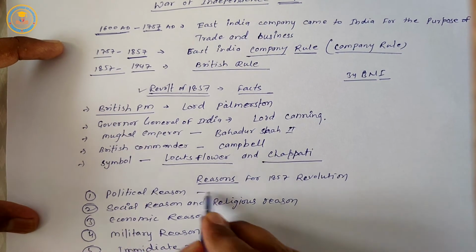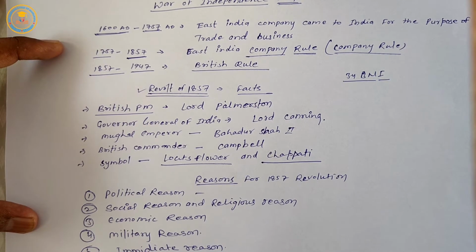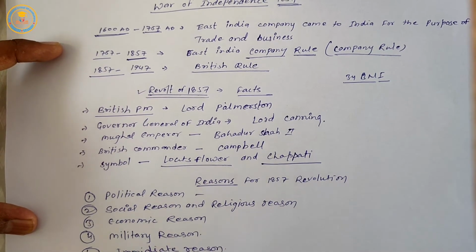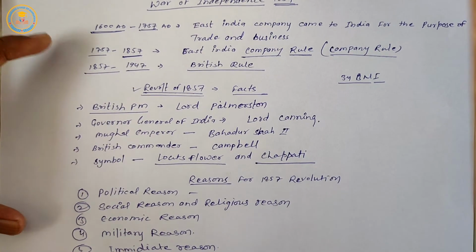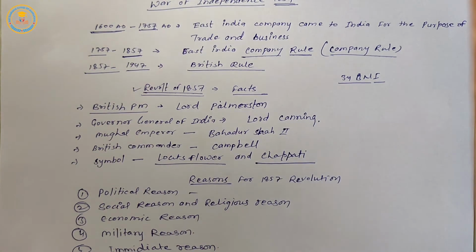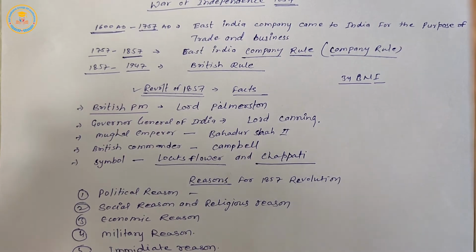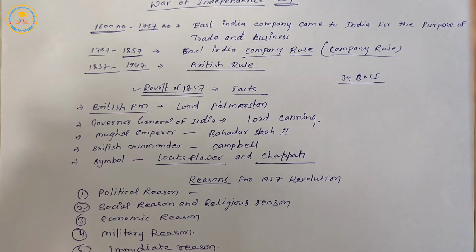And among these, the political reason: the East India Company adopted a policy of Doctrine of Lapse, and this policy was started by the Governor General Lord Dalhousie. According to this policy, a kingdom could be annexed if the king died without a male heir.